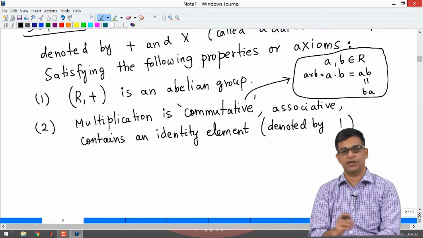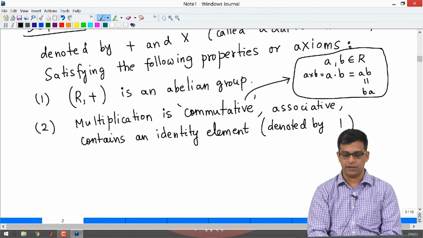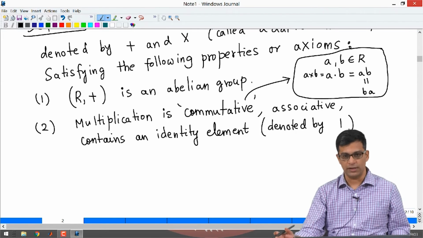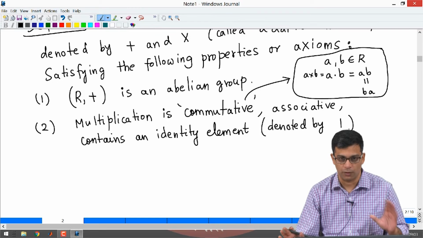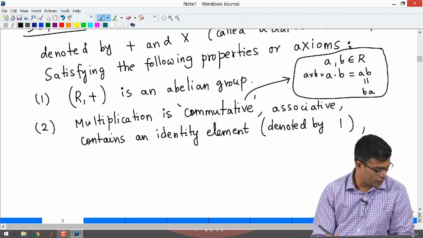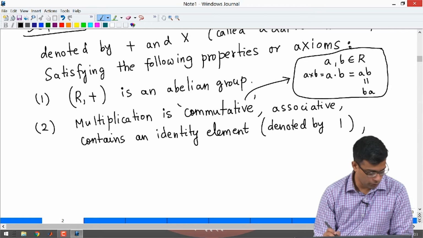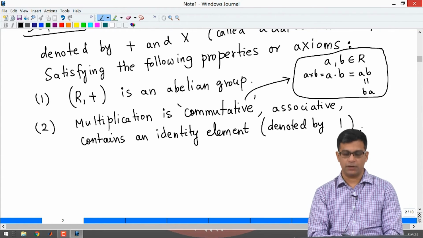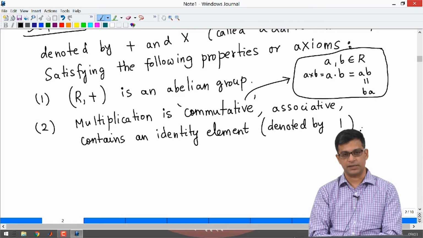It is convention to denote the multiplicative identity just by 1, because in all the examples that we know, the usual number 1 is the identity element. So, multiplication is commutative, associative, and contains an identity element.